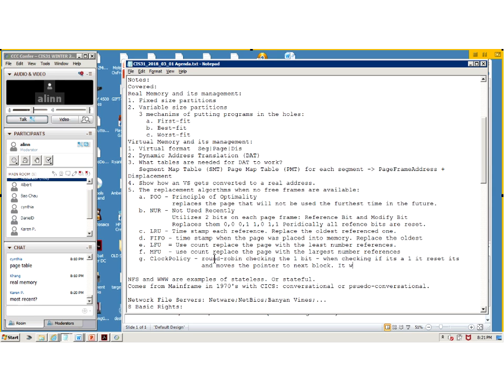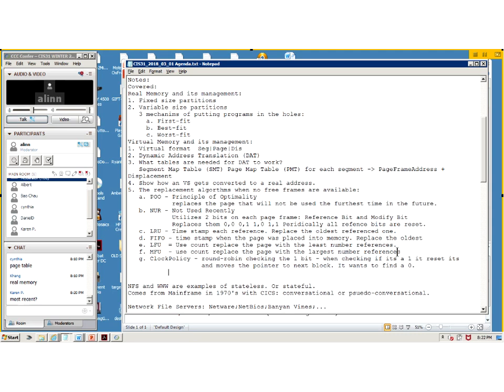It's not going to pick that. It wants to find a 0 that hasn't been referenced. So every time a block is referenced, this bit is set to 1. And then the clock policy sees a 1, sets it to 0, goes to the next one. If they're all 1s, it sets them all to 0, then comes around and looks for a 0. This could cause some issues because you might not find one. So you're going to need a current pointer with this concept, of where it left off.